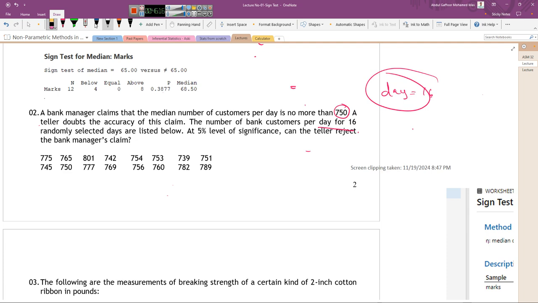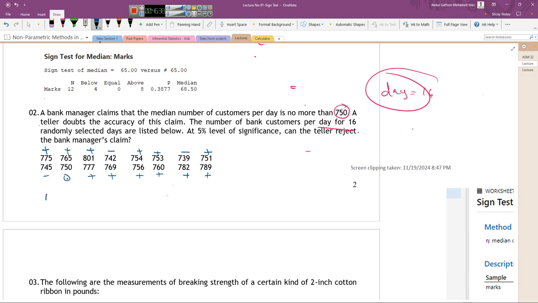So against 750 we get plus, plus, plus, minus, plus, plus, minus, plus, plus, plus, plus, plus, plus, plus, 0, minus.